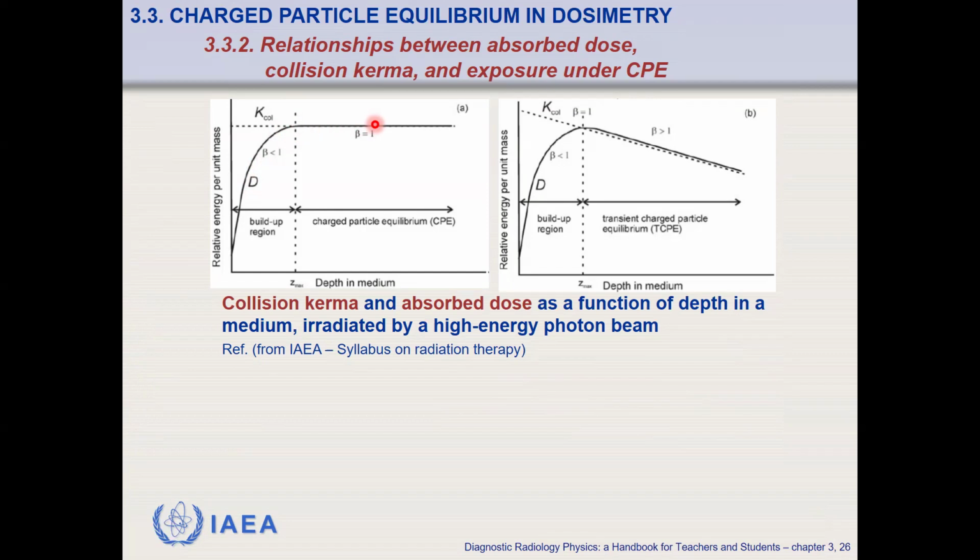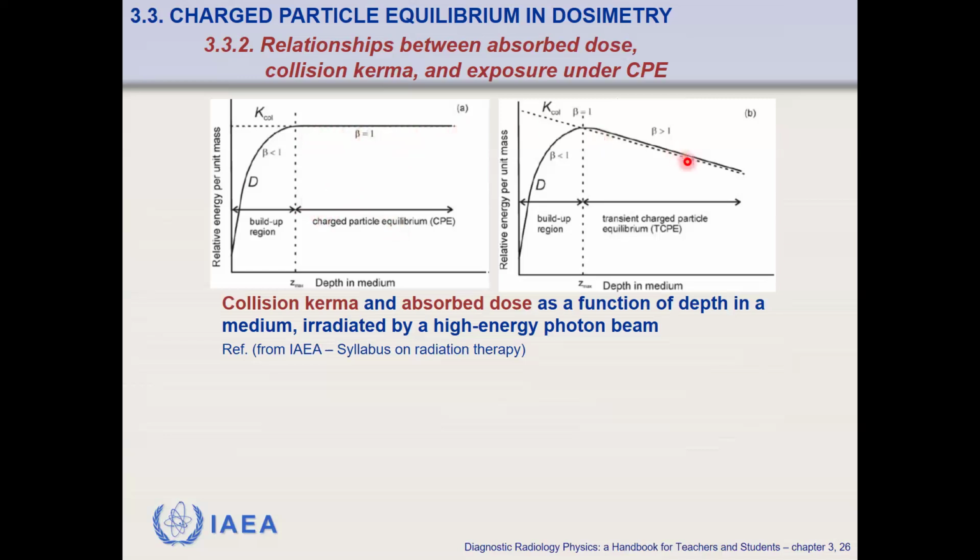So at CPE, we are talking about after this dotted line, once we reach the equilibrium state we talk about charged particle equilibrium. So at CPE, the energy deposited by secondary charged particles balances the energy leaving the volume. This leads to a steady absorbed dose.